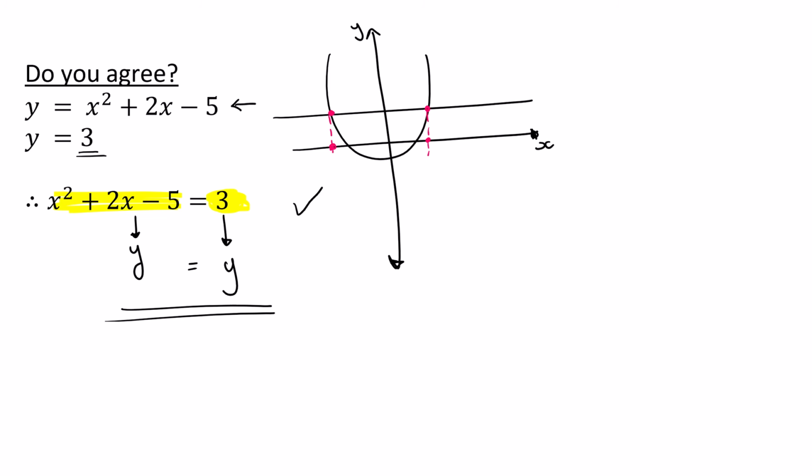So if I substitute a value for x, I want to get a y value of 3. So this is the line y equals 3. It cuts the y-axis at 3. And I want to find the x values where the quadratic and the straight line meet.